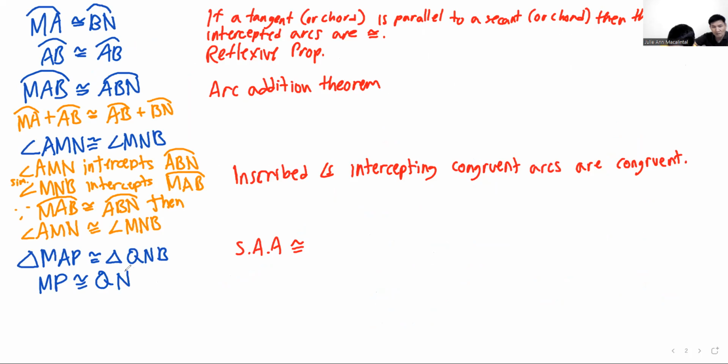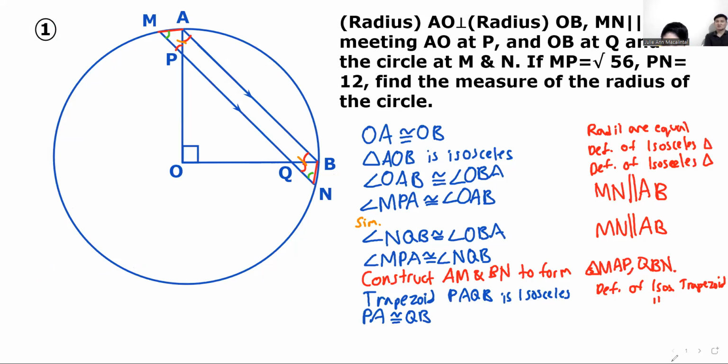This is because of CPCTC: congruent parts of congruent triangles are congruent. So if MP is square root of 56 and PN is 12, we can find QN.